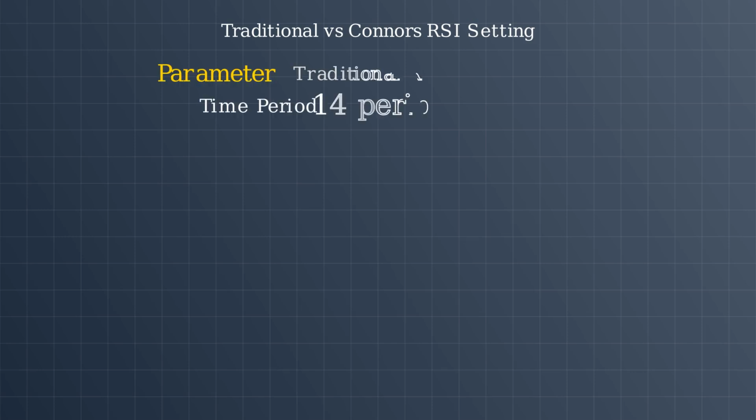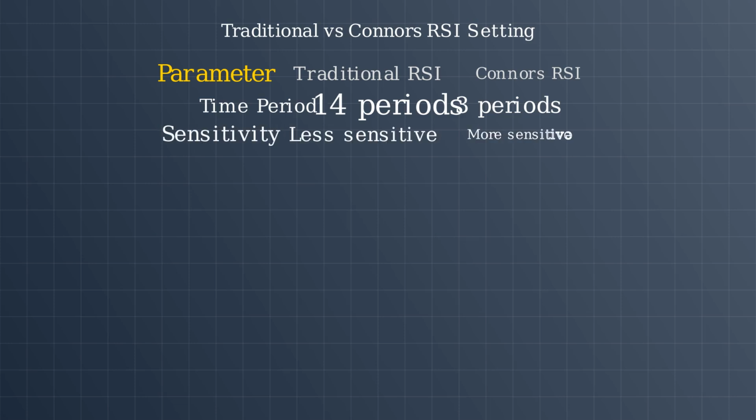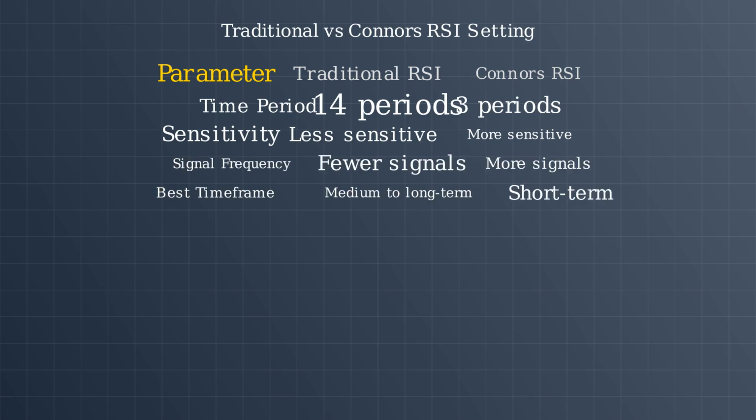The traditional RSI typically uses a 14-period look-back window, while Connors RSI uses a much shorter 3-period setting. This shorter time frame makes the indicator significantly more sensitive to recent price changes. As a result, the 3-period RSI generates more trading signals, making it better suited for short-term trading opportunities.